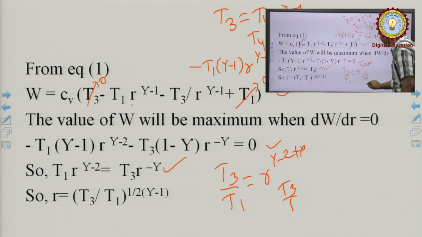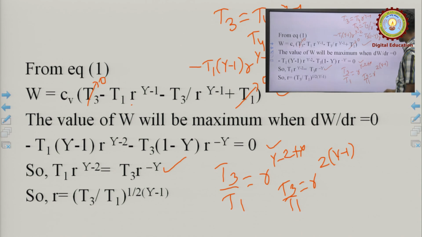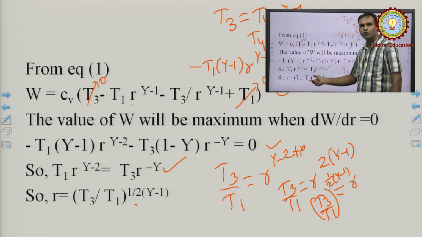So T3 by T1, from here gamma plus gamma is 2 gamma minus 2, so keeping 2 outside the bracket, r will be equal to (T3 by T1) raised to the power 1 by 2(gamma minus 1). So this is the final expression which we have to prove.